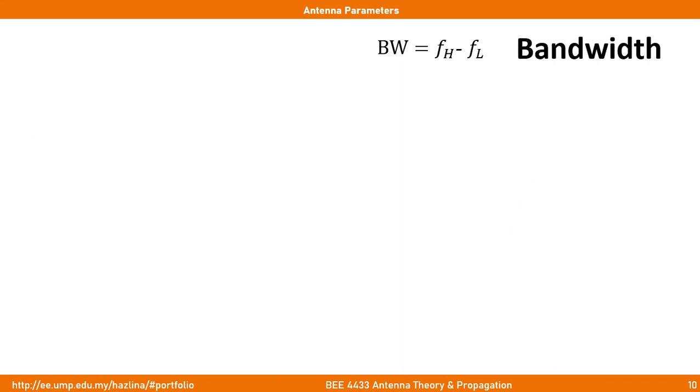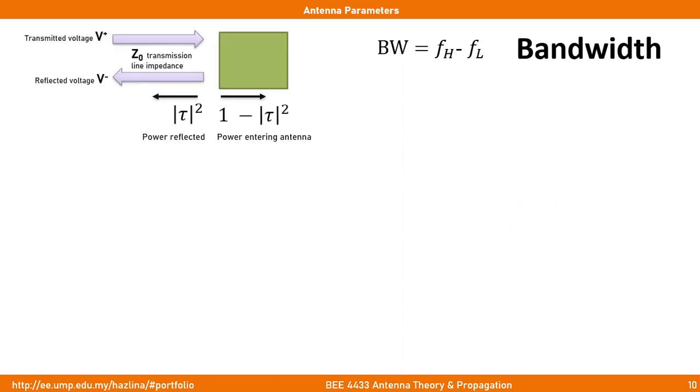As for the circuit quantities, the parameter associated with the performance of an antenna is its operational bandwidth. Bandwidth is influenced by the antenna impedance. Bandwidth is described using the following terminology: return loss, VSWR, and Smith chart. Let's have a look at a system that is illustrated here.